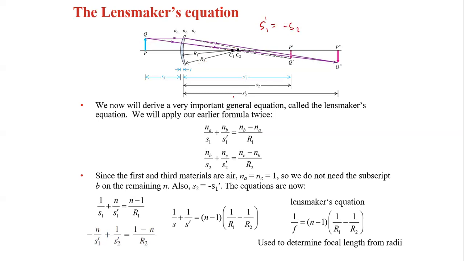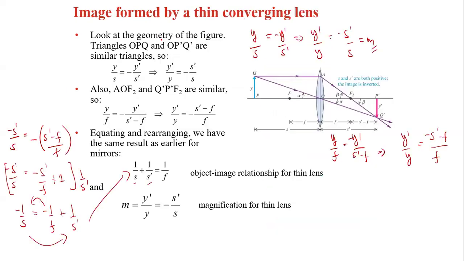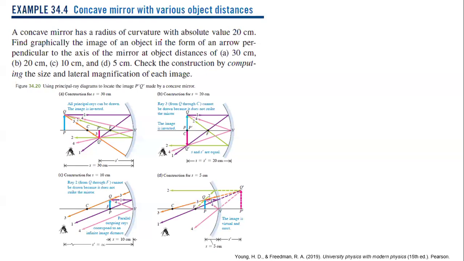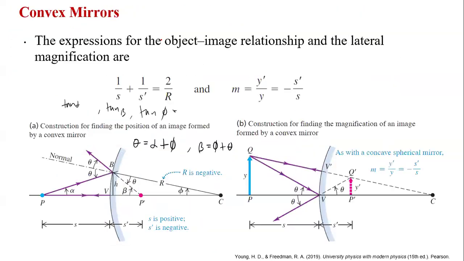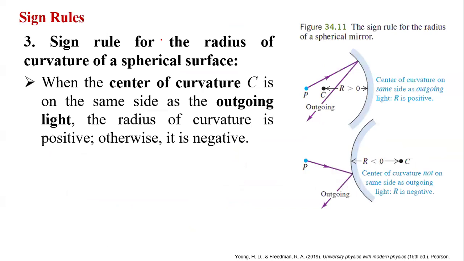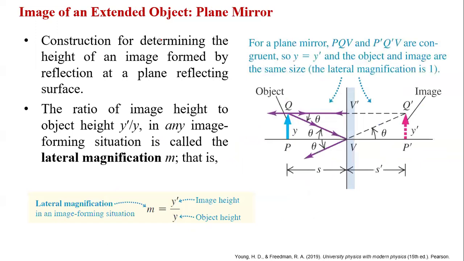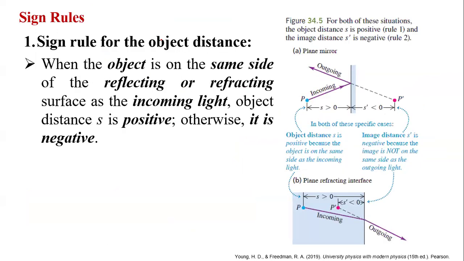Why this negative? Because s2 is now on the opposite side of the incoming rays. If we look at the rules, rule number one: when an object is on the same side of the reflecting or refracting surface as the incoming light, the object distance is positive.